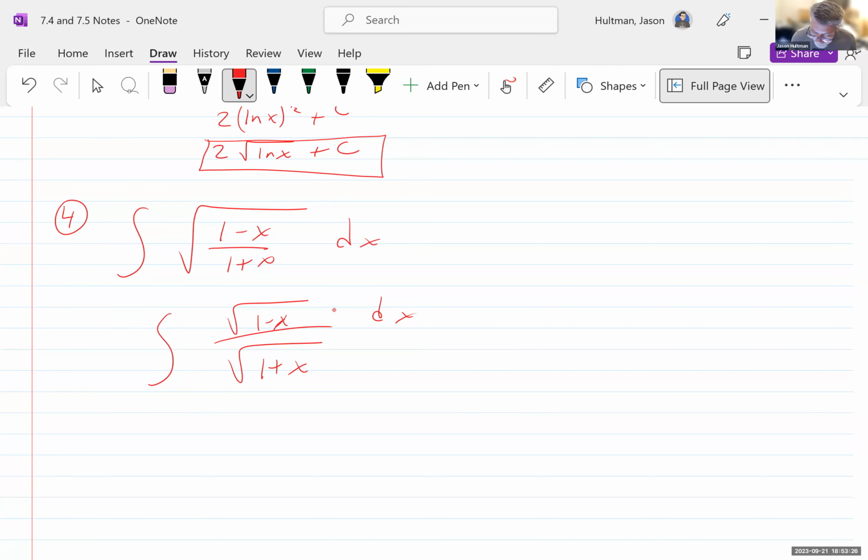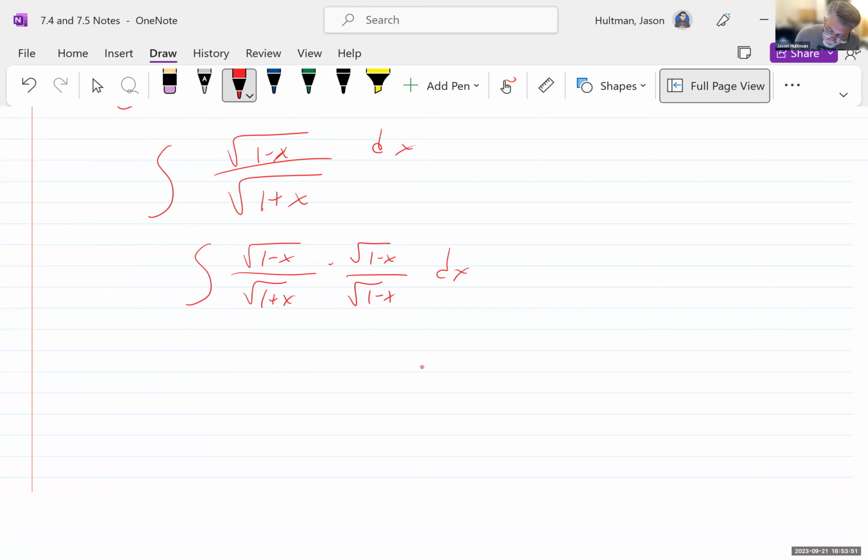Well, I can multiply by the conjugate here. So square root of 1 minus x, over square root of 1 plus x, times square root of 1 minus x over square root of 1 minus x. There's my magic 1. I didn't change anything, I just multiplied by 1. But what does this allow me to do?